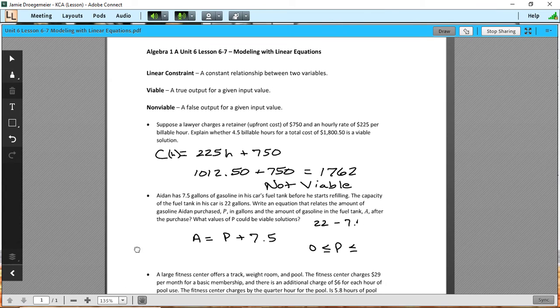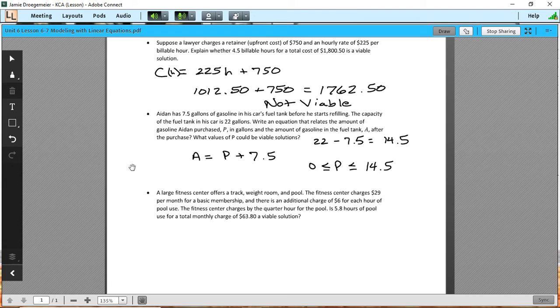All right, and then our last example here says that a large fitness center offers a track, weight room, and pool. The fitness center charges $29 per month for a basic membership, and there's an additional charge of $6 for each hour of pool use. The fitness center charges by the quarter hour for the pool. That means for every quarter of an hour, that's how they charge it.